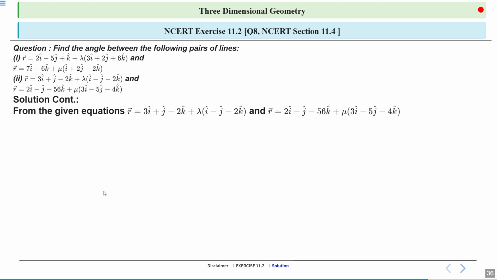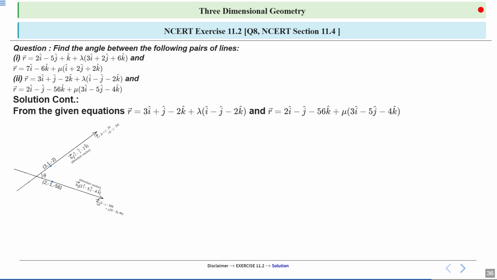From the given equations, vector r equals 3i cap plus j cap minus 2k cap plus lambda times i cap minus j cap plus minus 2k cap, and vector r equals 2i cap minus j cap minus 56k cap plus mu times 3i cap minus 5j cap minus 4k cap.